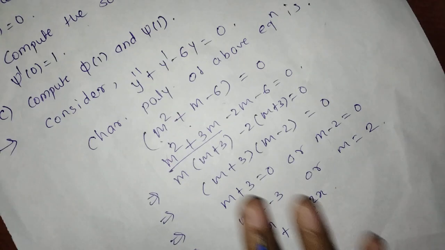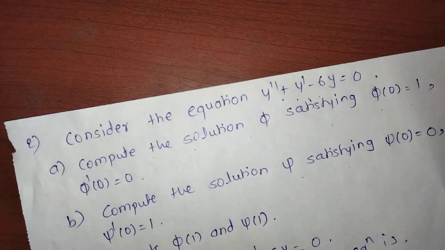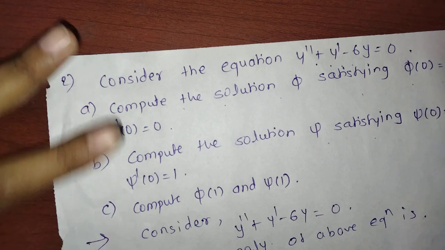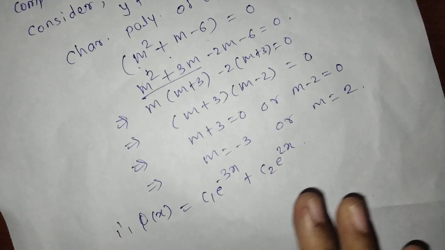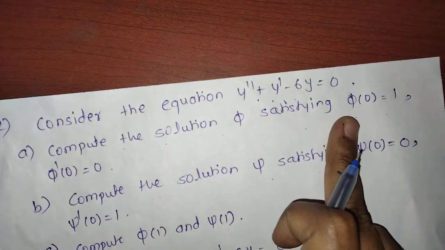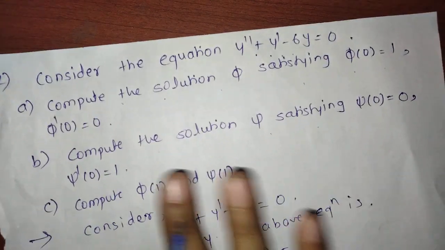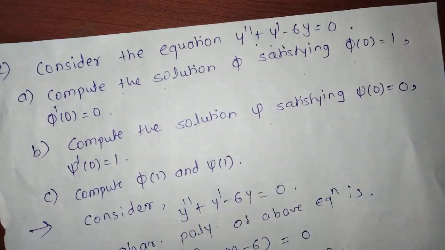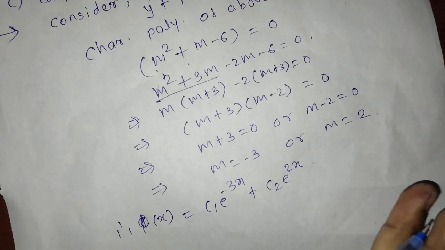first, compute the solution phi satisfying phi(0) = 1, phi'(0) = 0. Means first calculate the value of the constants and then put the values of the constants in this equation. You will get the solution phi satisfying phi(0) = 1 and phi'(0) = 0. Similarly, to compute the solution psi satisfying psi(0) = 0, psi'(0) = 1, here we already take phi(x) equal to this.